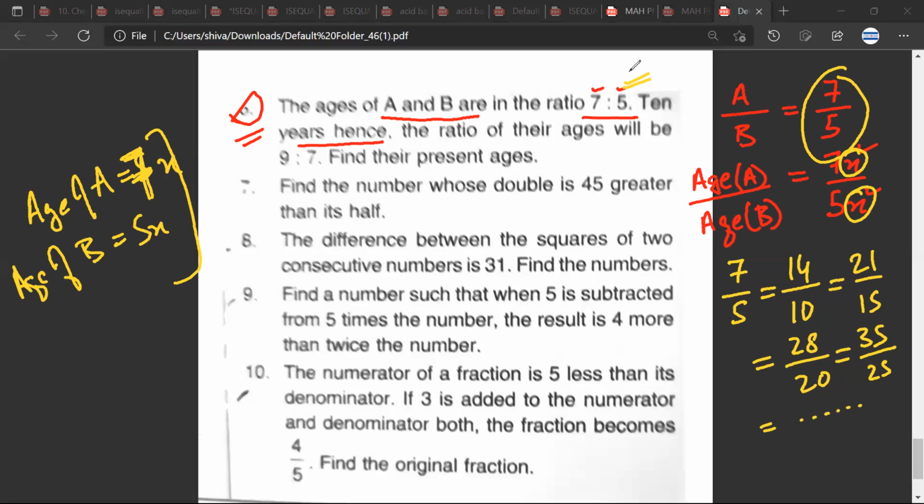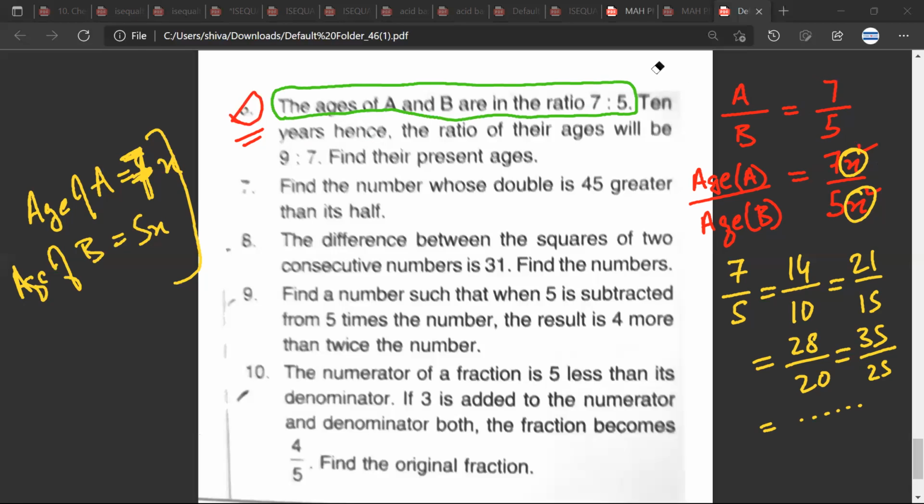But here what they have said is the ratio of their ages. From the first line we can infer this information.